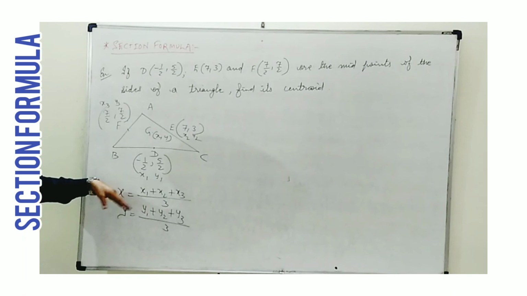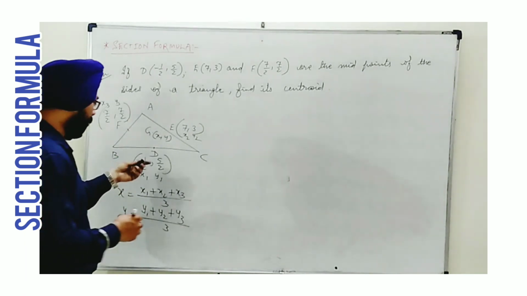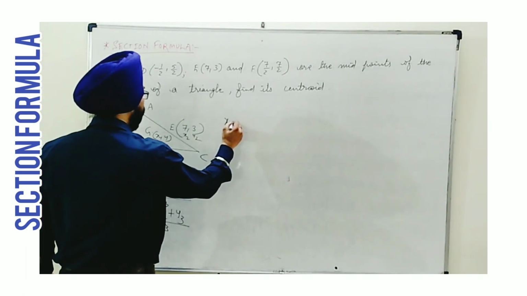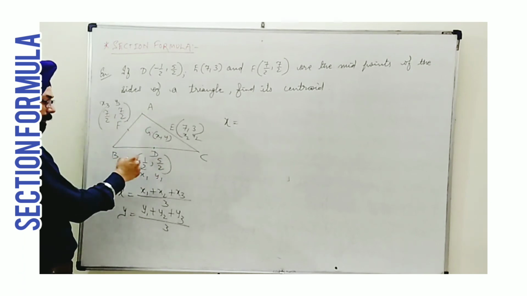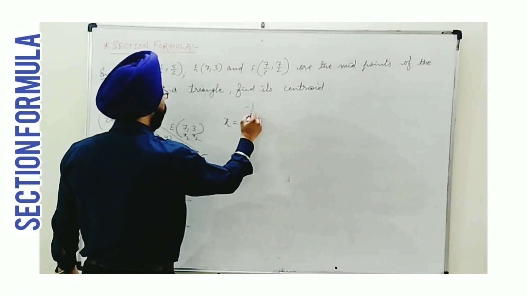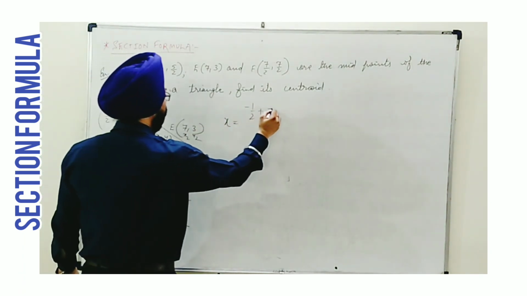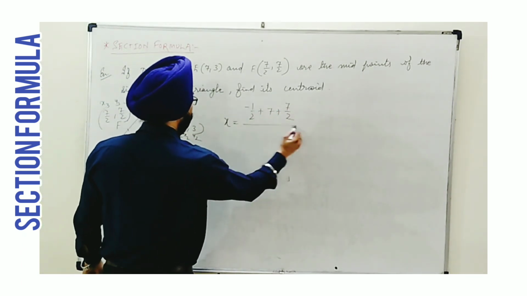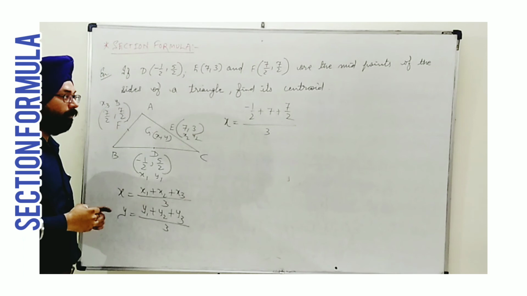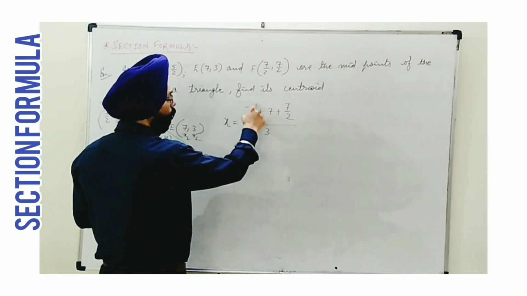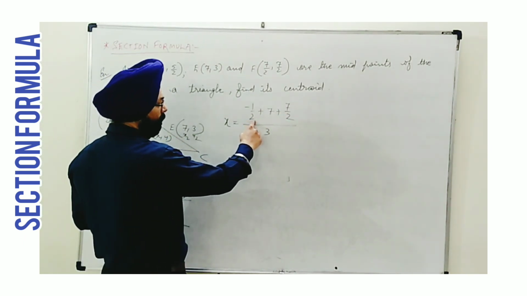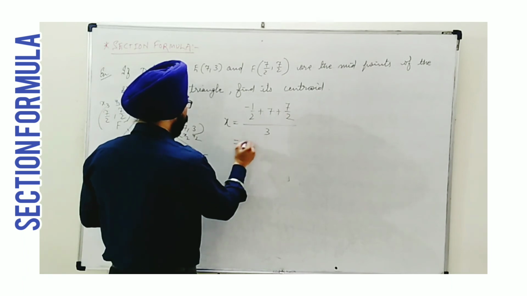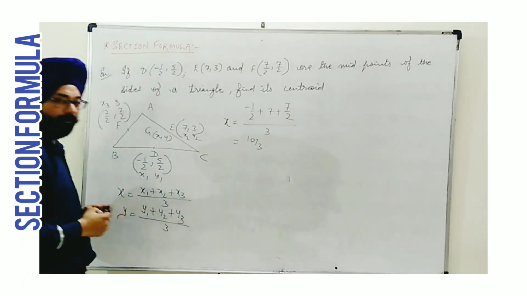So the same theory can be applied on these midpoints. Finding x, we have the sum of all the abscissae, (-1/2 + 7 + 7/2) divided by 3. So we'll find 7/2 minus 1/2 will be 6/2, 3, and 7, 10. So this comes 10/3.